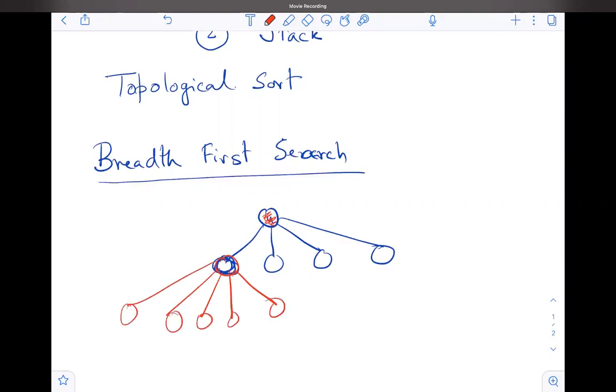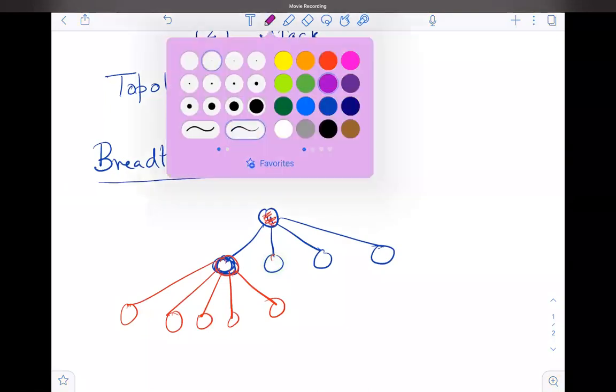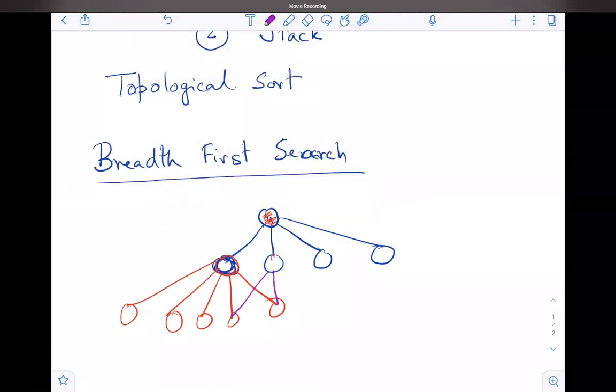So maybe then I'm done with all the first neighbors. Then I say, what about the second neighbor? The second neighbor will say, I have only 3 neighbors. I have a neighbor to this one, and a new neighbor. But since these have already been done, I am only going to keep track of this new neighbor, and so on.